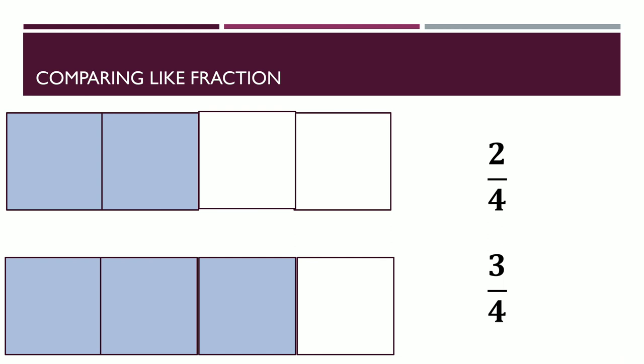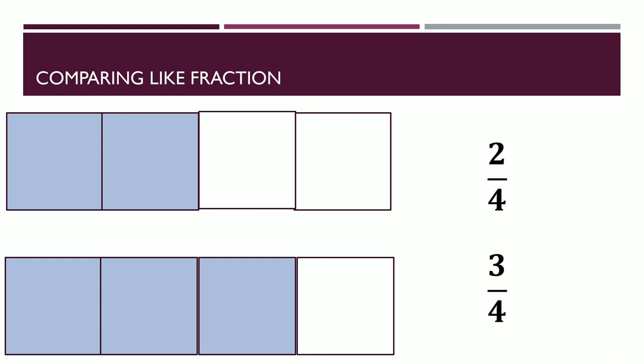In figure 1, 2 parts are colored and in figure 2, 3 parts are colored. Comparing these figures, which colored parts have more space?